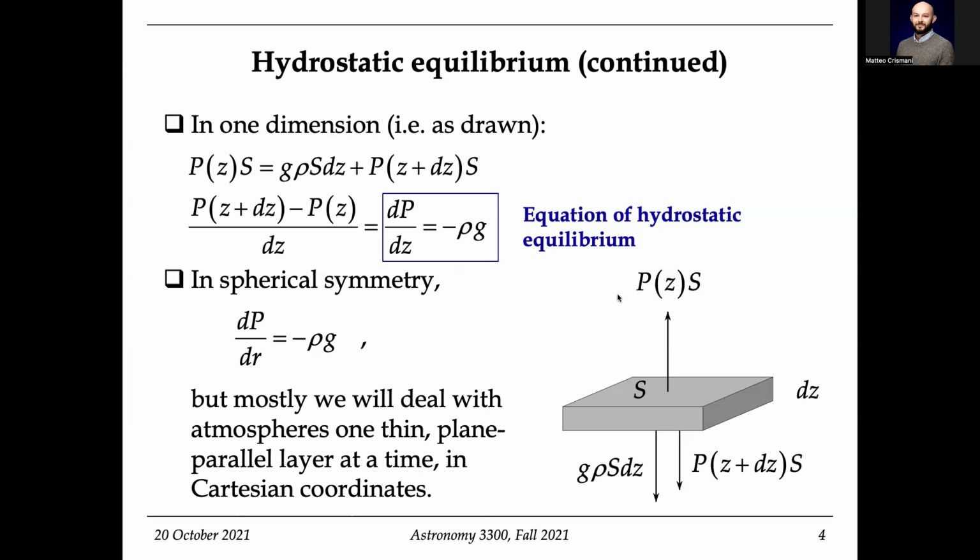Because if I move this over, I'm going to do P of Z minus P of Z plus DZ equals rho G dz, right? Okay, now what? Divide the dz out, good. Now what?